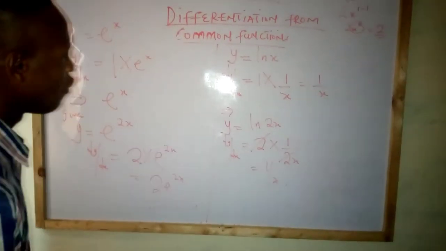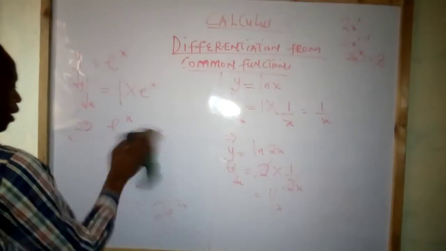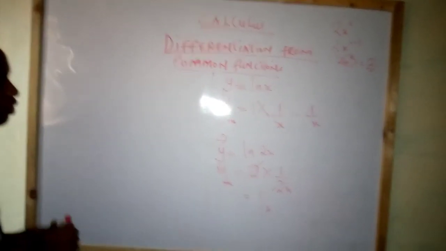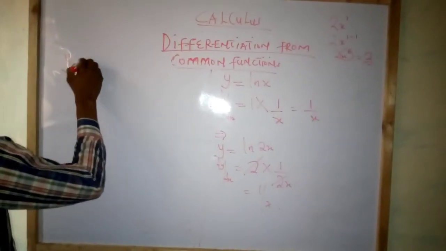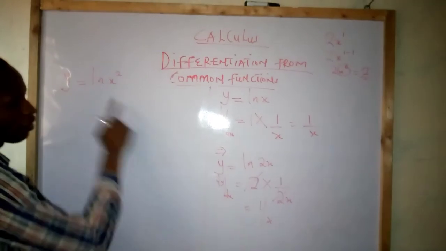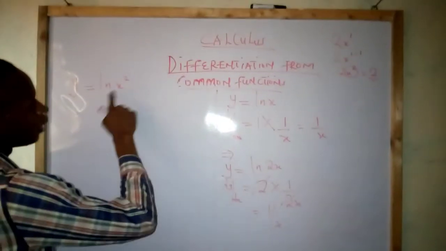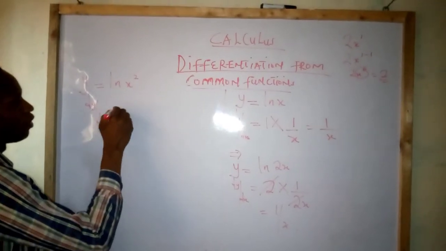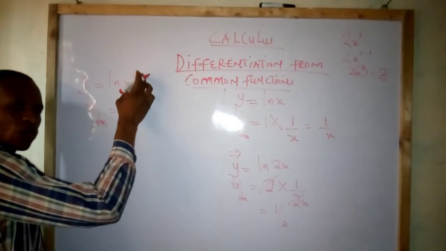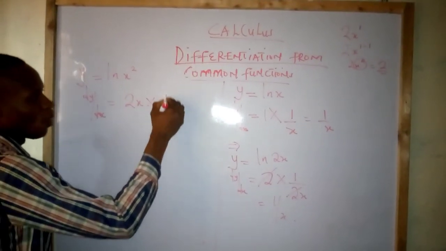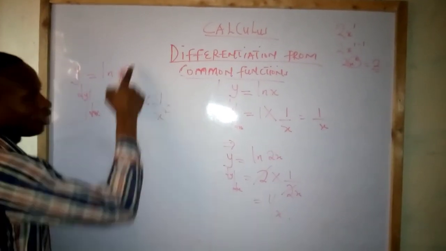But if you are given something similar to that, so assume we are given y equals ln x squared. Now you can see this is quite different from this. This is ln 2x and this is ln x squared. The same thing, you differentiate dy dx of this. When you differentiate this x squared, you simply have 2x times 1 over, don't forget the function again.